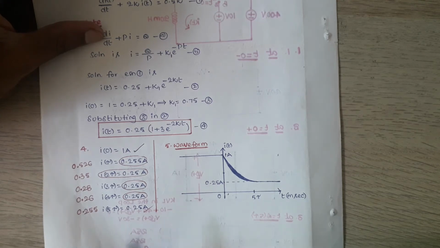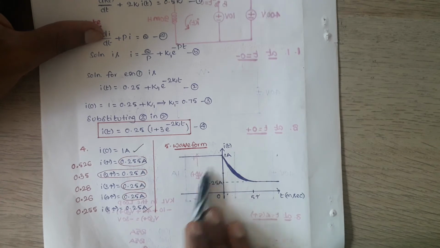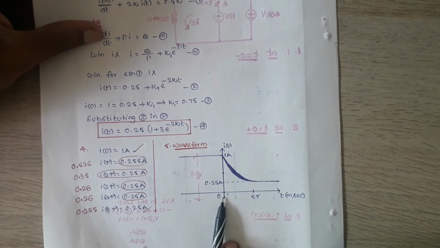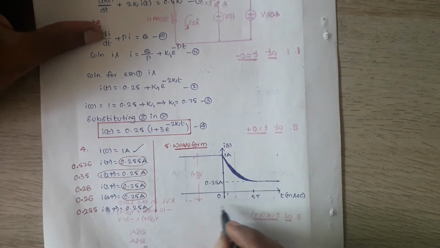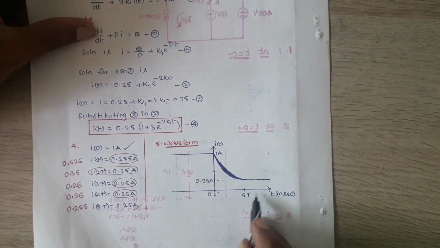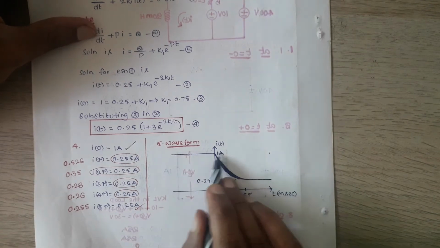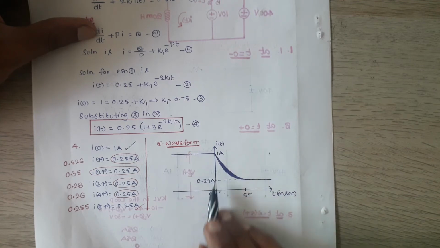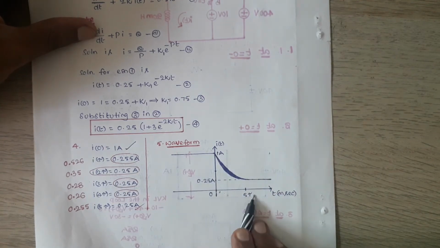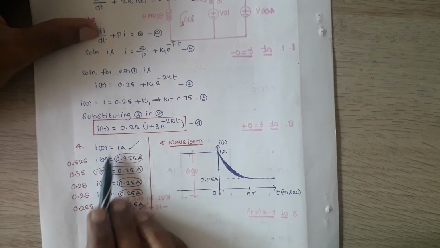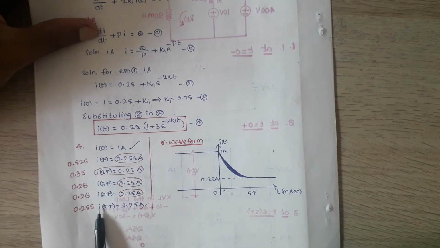If you draw the waveform based on these values, up to t equal to 0 it is steady state. This part is steady state, this part is transient state, and this part is again steady state. So before t equal to 0, current in the circuit is 1 ampere. After t equal to 0, from 0 to 5 time constants, current is decreasing from 1 ampere to 0.25 amperes.